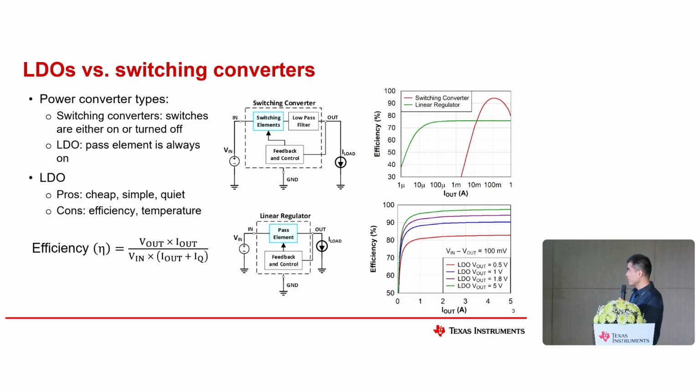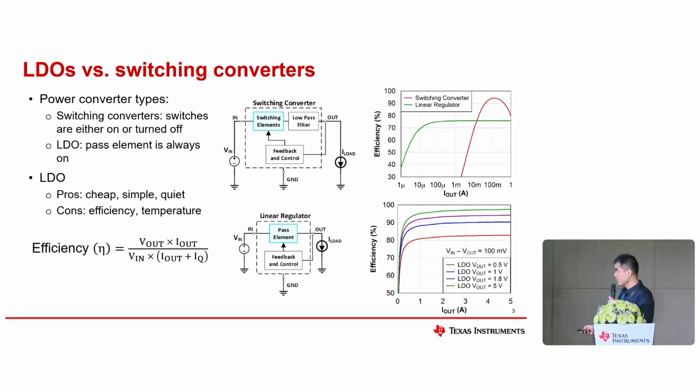Of course, the LDO has drawbacks. The equation for the efficiency is pretty simple, but we need to care about the input voltage. If we choose the right input voltage, for example very near to the output voltage, we can also get very high efficiency.